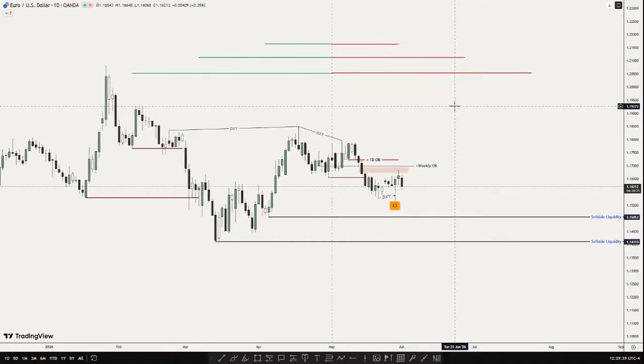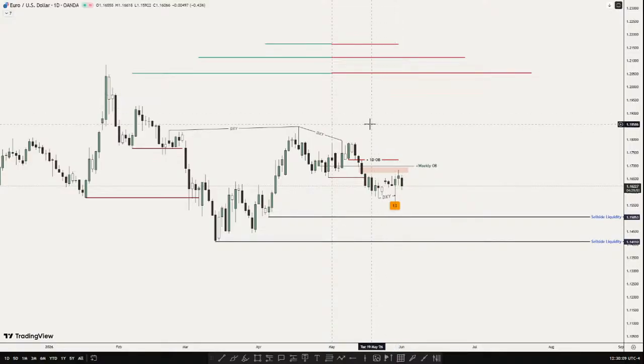So this is one of the practices that I have started from month 5 of ICT's core content, and that is about the IPDA data ranges. So let's look at these ranges that I have marked here.